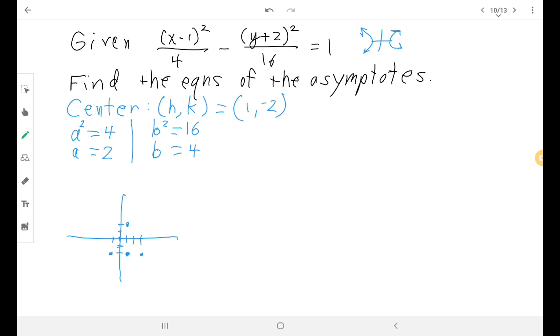There's a mark for b there, and 1, 2, 3, 4 in the other direction. Let me put my rectangle in, I'll do that in green here. And I'll mark my asymptotes in green as well. They go through the corners and through the center.